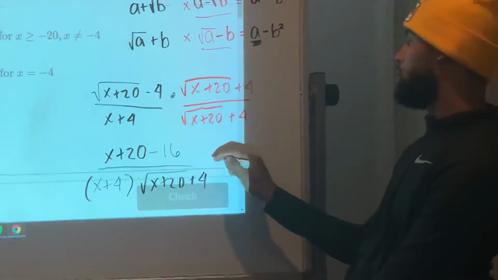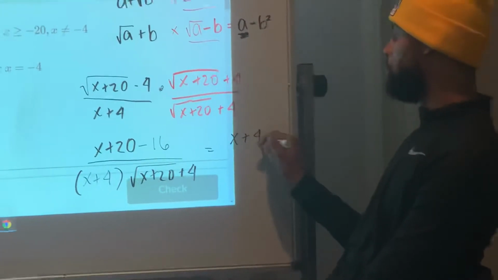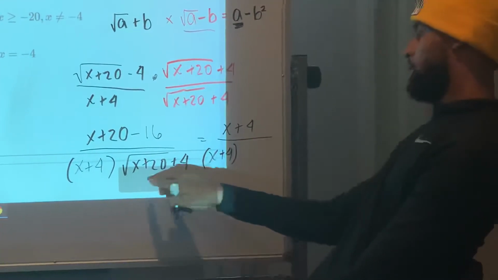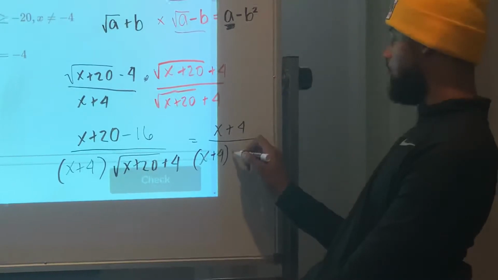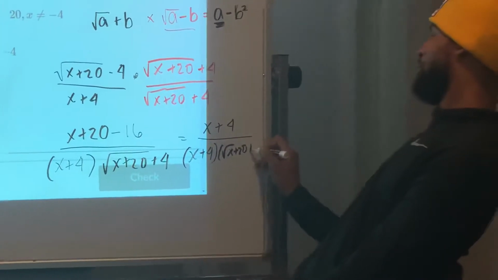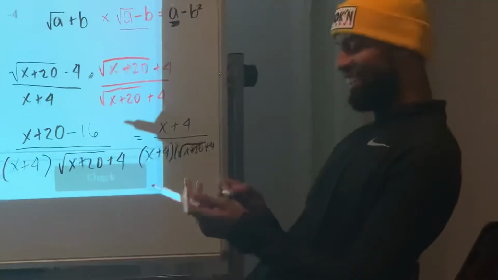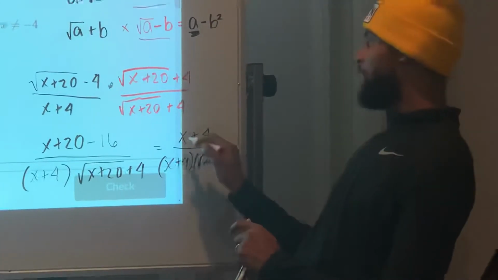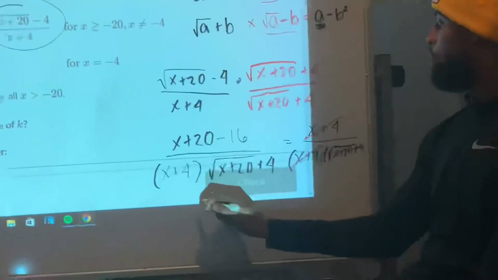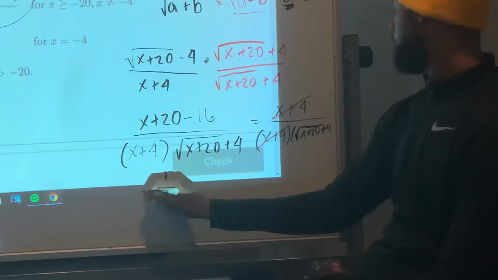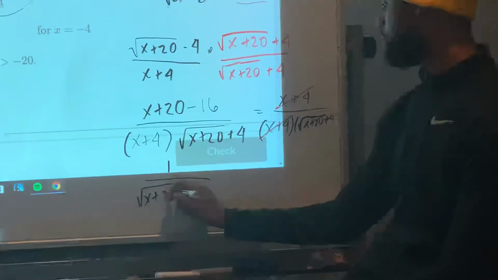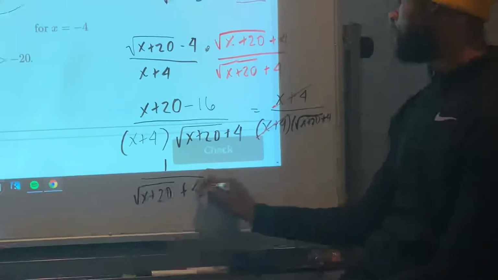So it's going to be x plus 4 over x plus 4, and I still got the square root of x plus 20 plus 4. I'm going to cancel out my x plus 4s. So I'm left with 1 over the square root of x plus 20 plus 4.